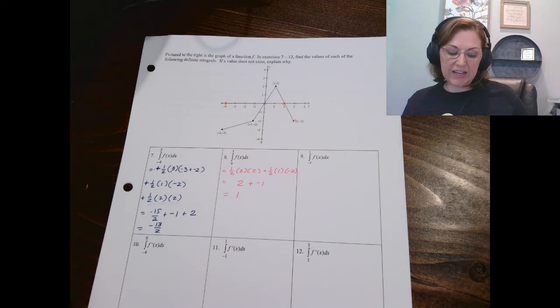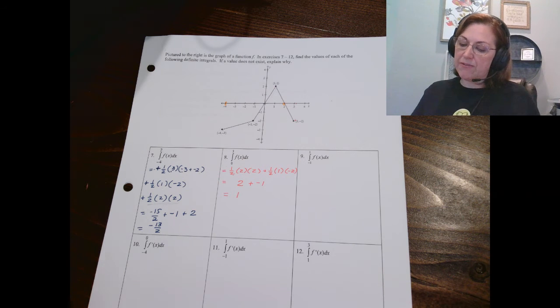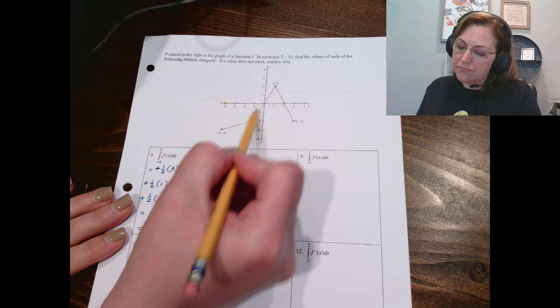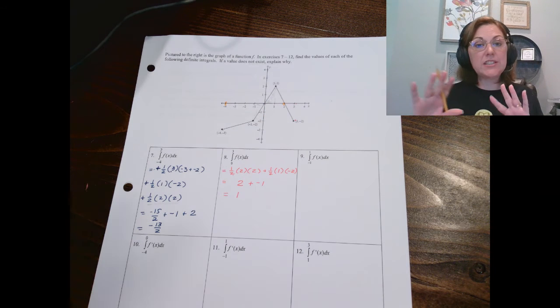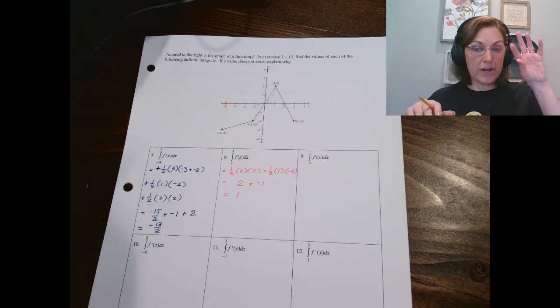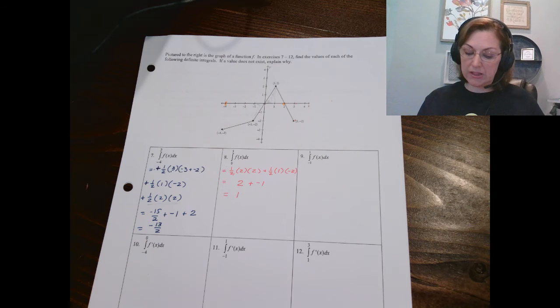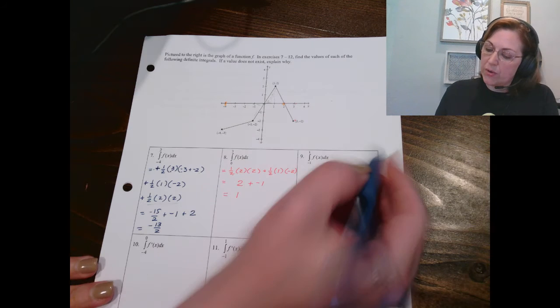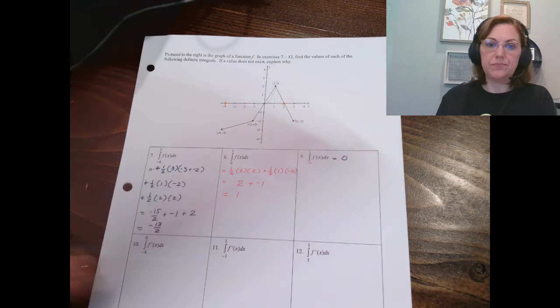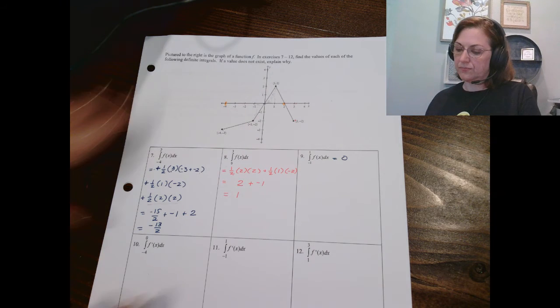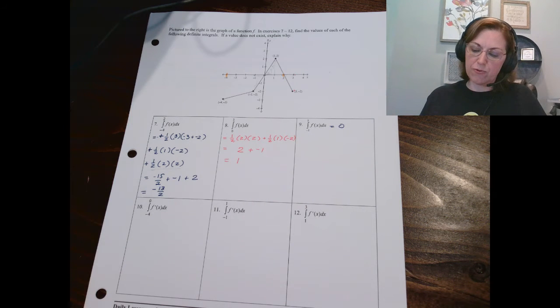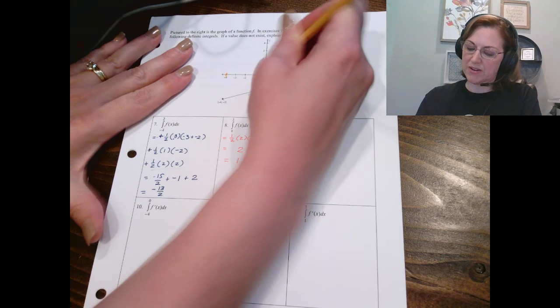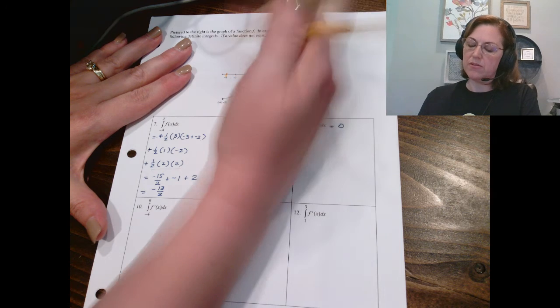Okay, let's look at number 9. Then we're going to do the area from -1 to 1. Those look to be the same area, one above the x-axis, one below the x-axis. So we're going to get 0 here. All right, next let's go from -4 to 0.